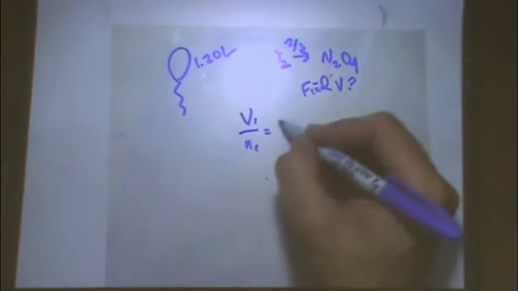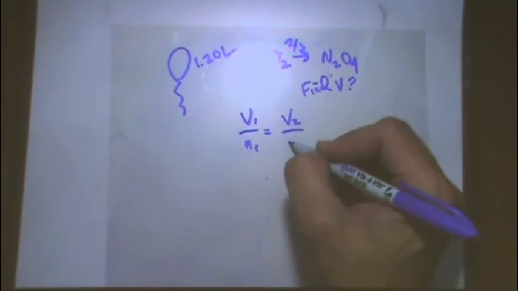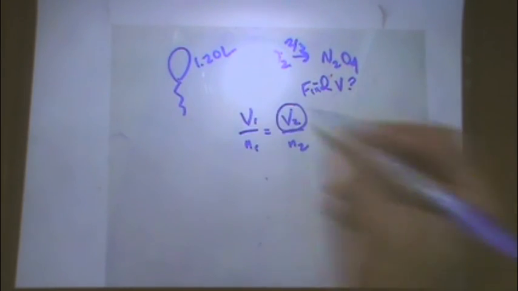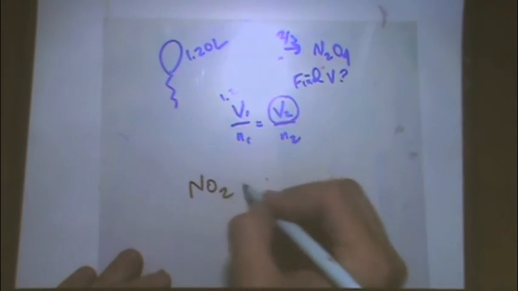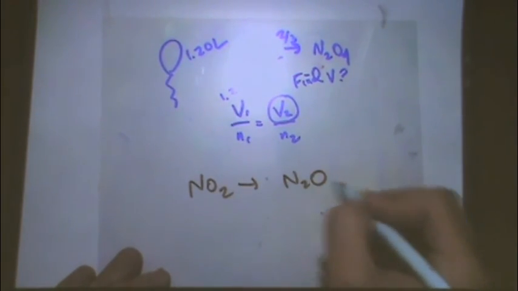So I want to know the final volume. Okay? It starts out at this. So the moles change. So volume and moles are changing. I want to know this one. I know V1 is 1.20 liters. The problem is I don't know the moles. To get the moles, I have to look closer at the reaction. So it's NO2 goes to N2O4.